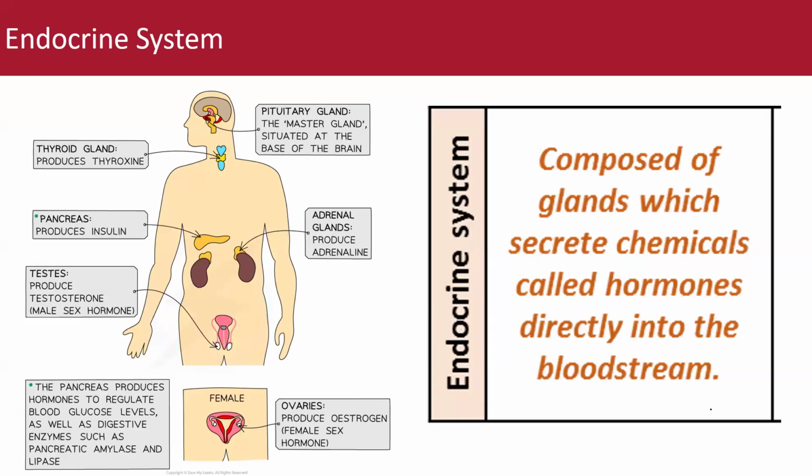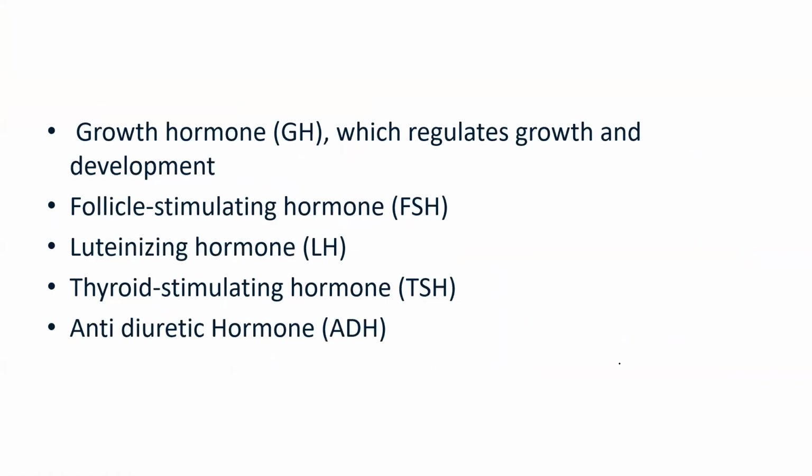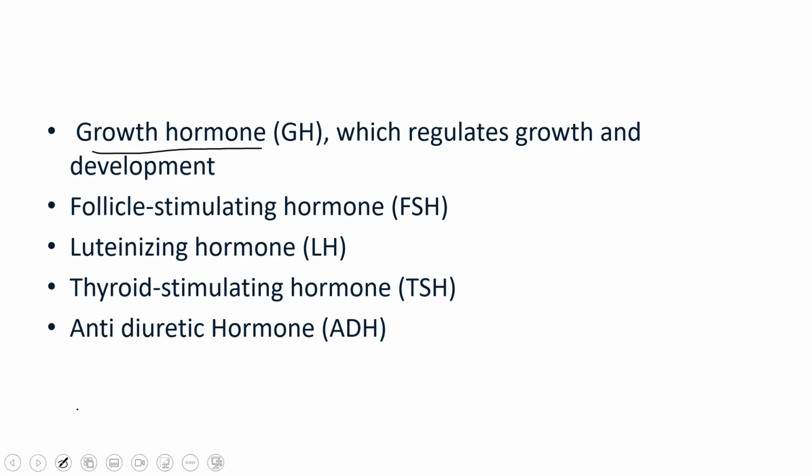Now I'm going to go through a number of different ones. Firstly, the pituitary gland. The pituitary gland has a number of different hormones that are secreted. I'm going to talk a little bit about what they do. The growth hormone regulates growth and development, and it basically tells you how big you're going to be.